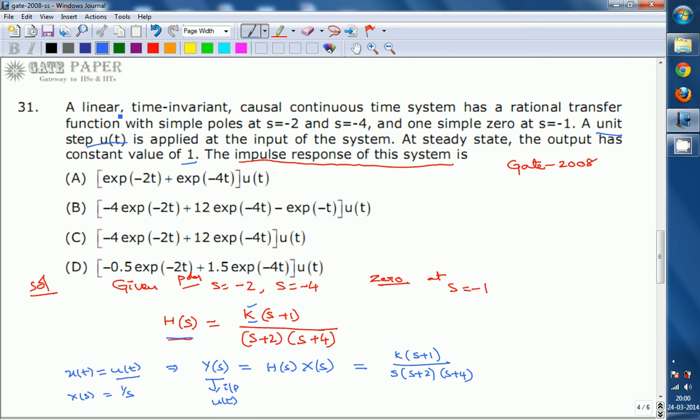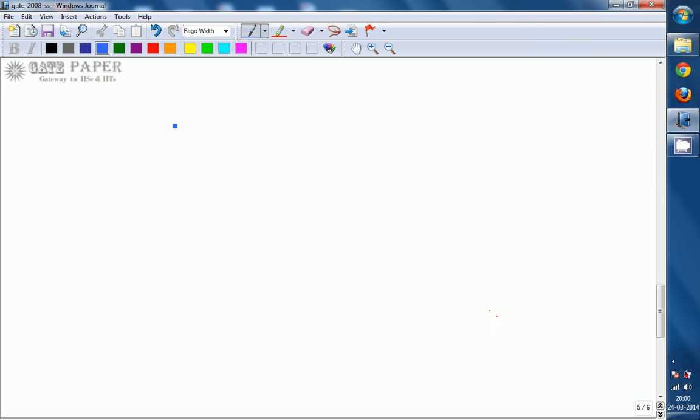Then given that the steady state value is a constant of 1, we need to go for finding the steady state value here. We know that the steady state output is nothing but the final value of the output.